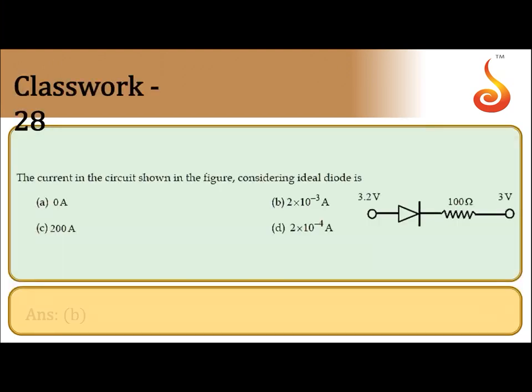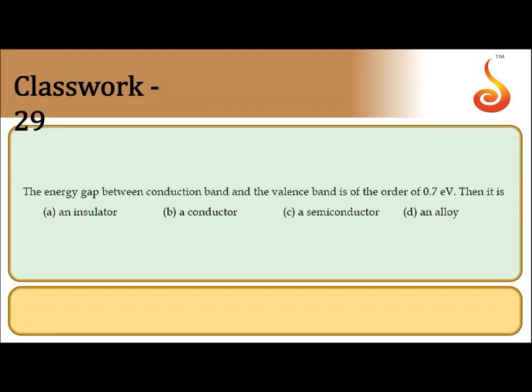Yes, we'll move on to next one. The energy gap between the conduction band and the valence band is of the order of 0.7 electron volt. Then it is an insulator, conductor, semiconductor, or alloy. See, if energy gap is equal to 0, then it is a metallic conductor.